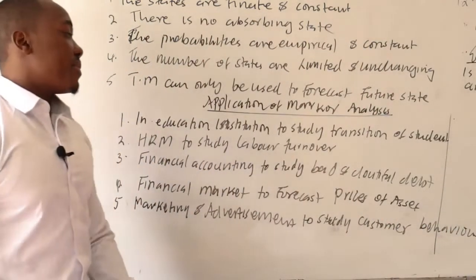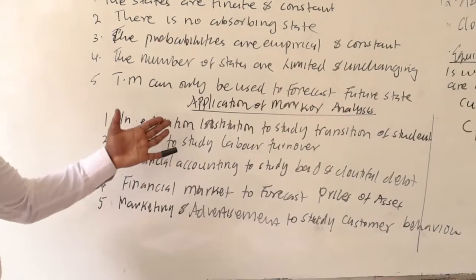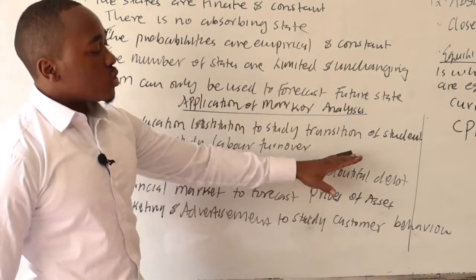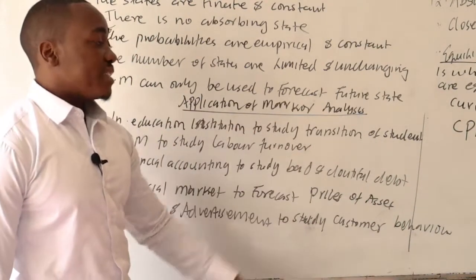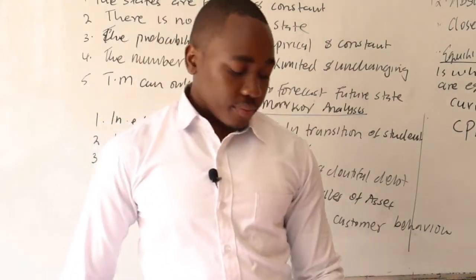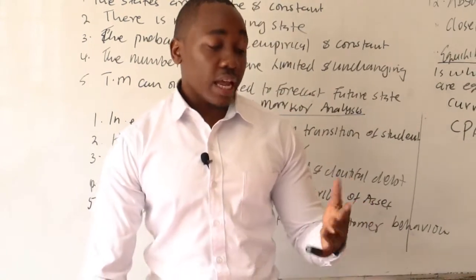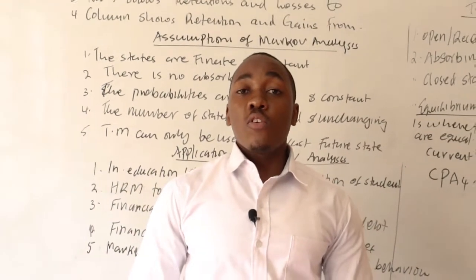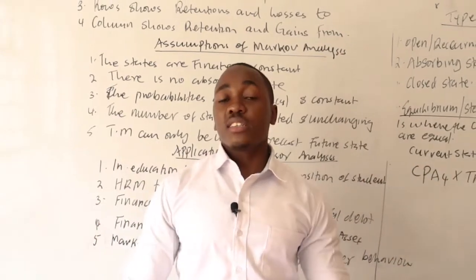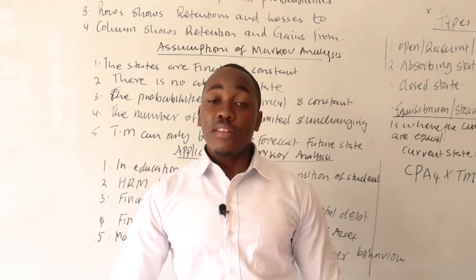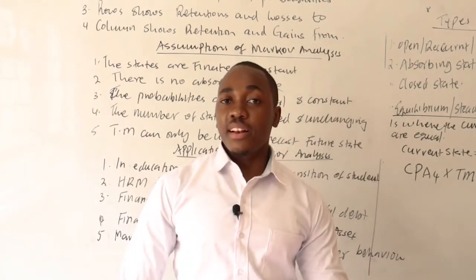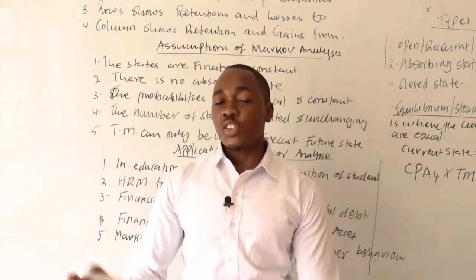Those are some of the applications of Markov analysis. They are used in education institutions to study transition of students. Now, for example, for those who are doing CPA, we have some students, I don't mean it's you, who have gone to all the CPA colleges in this town. They go to this college, they fail. They blame the teacher of this institution.